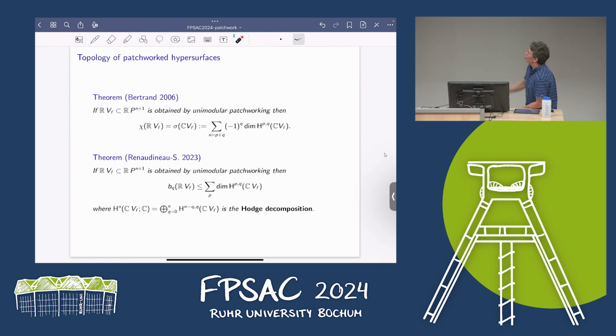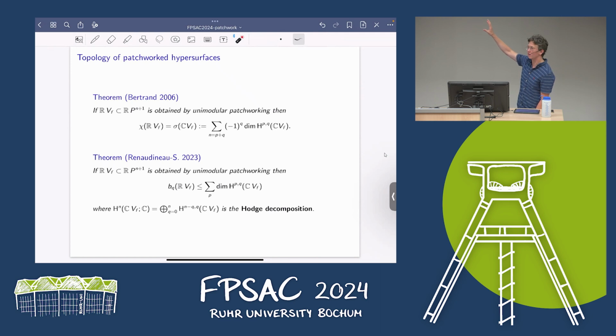Okay, so in the case of b_0, which is the number of connected components, the bound actually ends up saying that the number of connected components is less than or equal to 1 plus the number of interior lattice points of the polytope that we started with. And well, we know from the limited examples that we have of algebraic hypersurfaces and their topology that these are very, very strict bounds.